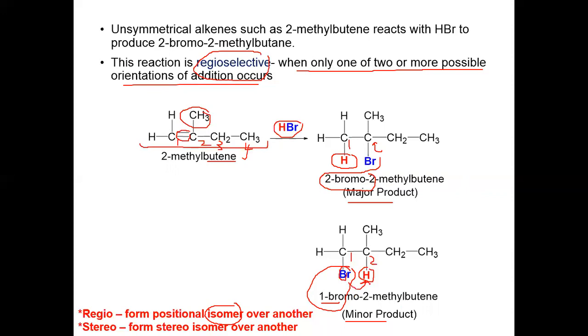Isomer dia boleh berada pada karbon ke berapa. Perubahan dia. That is what positional isomer is. So later on, there's another term, stereoisomer. So form stereoisomer over another. So this is how you want to determine H tu akan masuk mana, Br akan masuk mana. Belum lagi sebab Markovnikov tak keluar lagi.